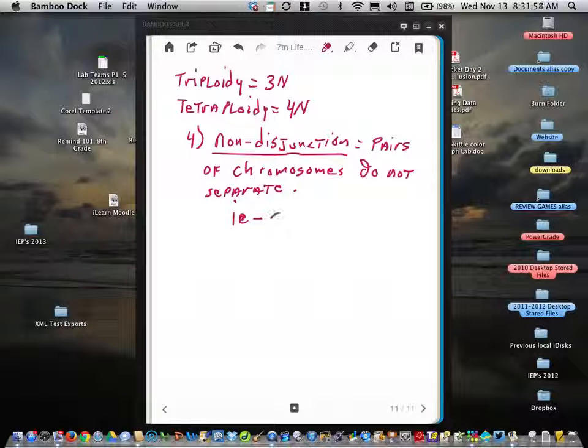So if you have 2 chromosome 21s, two sets of chromosome 21, that's called Down syndrome. And you all have heard of that before. You might even know somebody with Down syndrome. It's usually not a lethal situation, but they do have certain genetic characteristics.